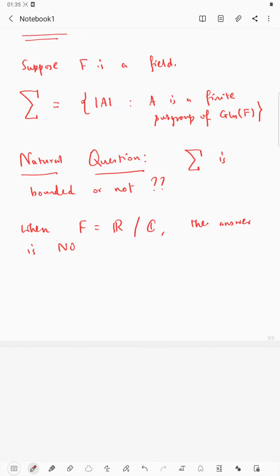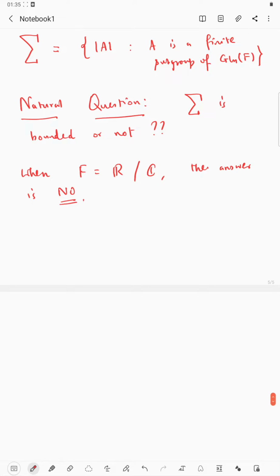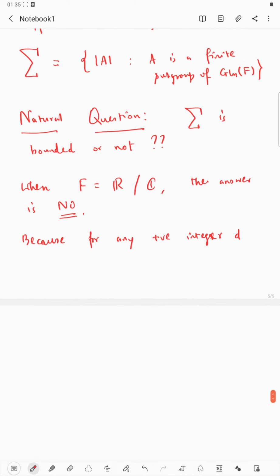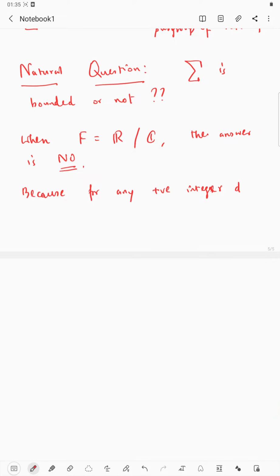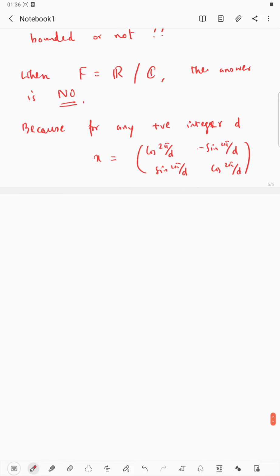The answer is no, because for any positive integer d, look at the matrix x equal to cos 2 pi by d, minus sine 2 pi by d, sine 2 pi by d, cos 2 pi by d. Then the order of x is equal to d.